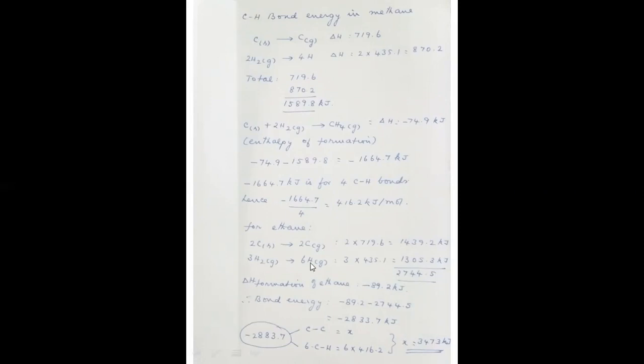Now the enthalpy of formation of ethane is minus 89.2 kilojoules. From this value, you are going to subtract 2744.5. When you subtract it, finally you get the bond energy as minus 2833.7 kilojoule. But this particular energy is for all the bonds present in the ethane molecule, which is C-C and then 6 CH.